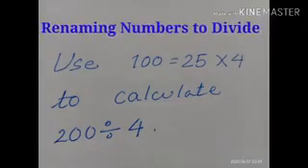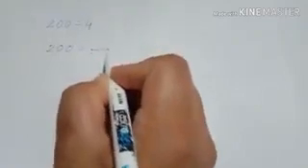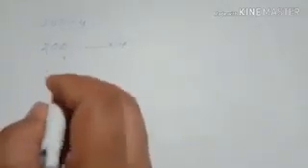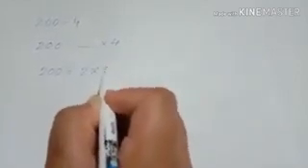Another importance of renaming numbers is to divide. In order to understand it, we will use 100 is equal to 25 times 4 to calculate 200 divided by 4. Remember that division and multiplication are a fact family, so we can write it as 200 is equal to dash times 4. And this 200 can be renamed as 2 times 100.